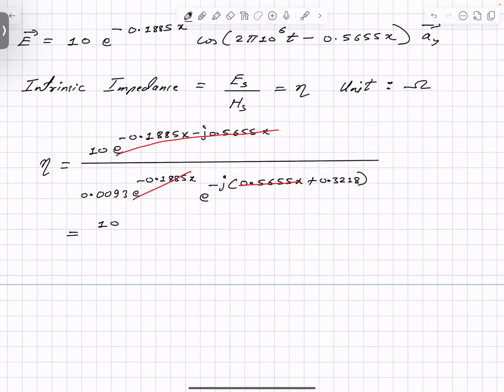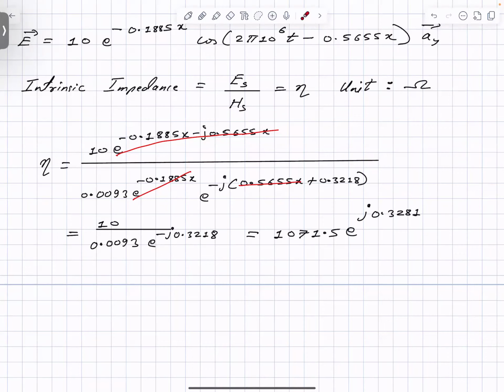It is 10 divided by, okay, and that is going to be equal to 1071.5, and phase is 0.3281.